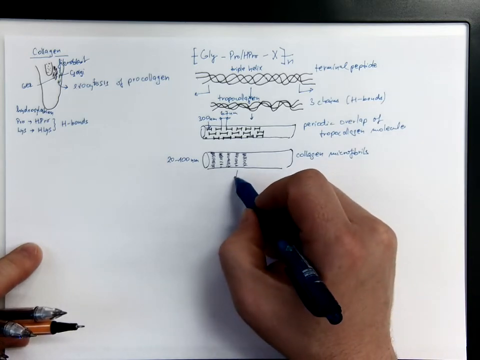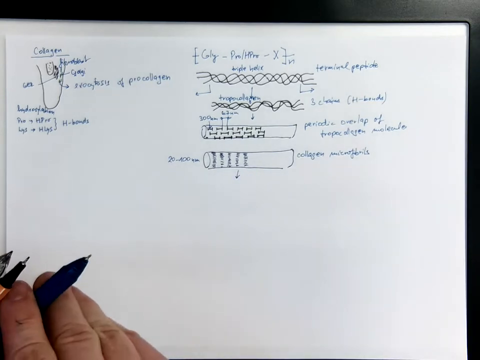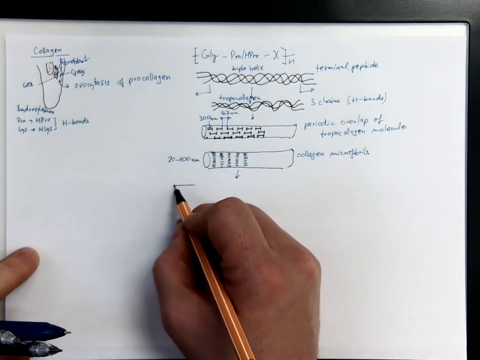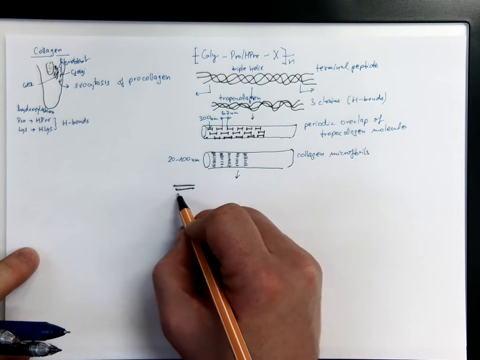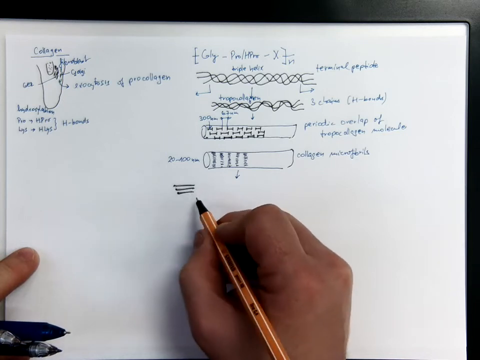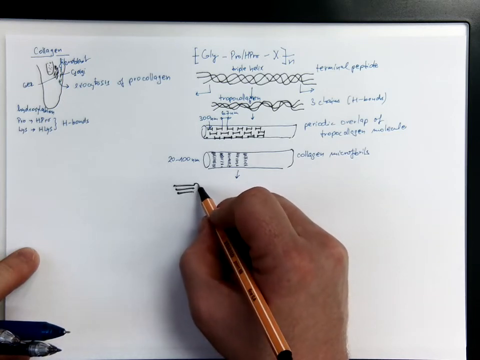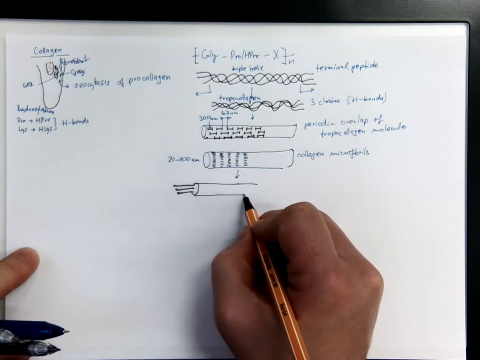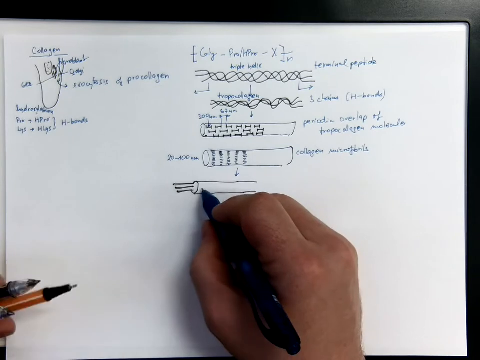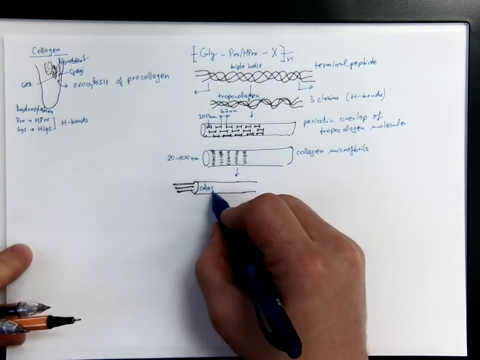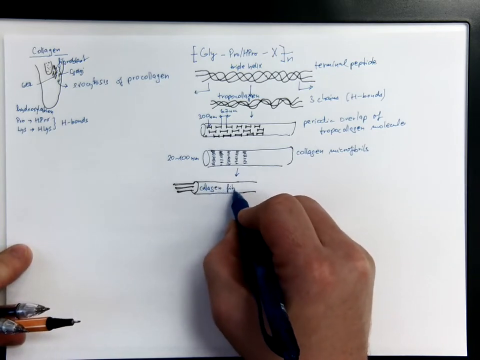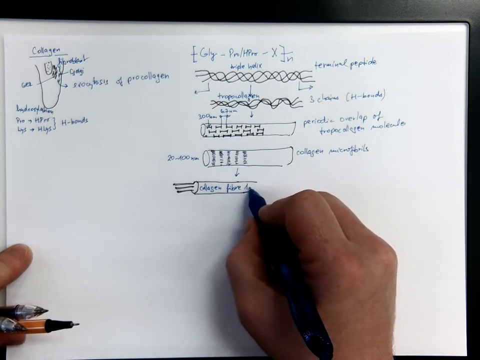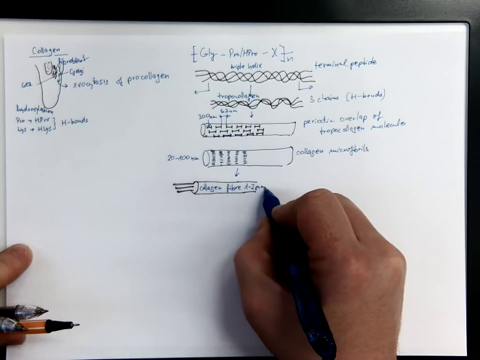However, these collagen microfibrils are organized again into structures of higher order. So if this would be individual microfibrils, they are organized into collagen fibers. So this is a collagen fiber, which could have a diameter of approximately 1 to 2 micrometers.